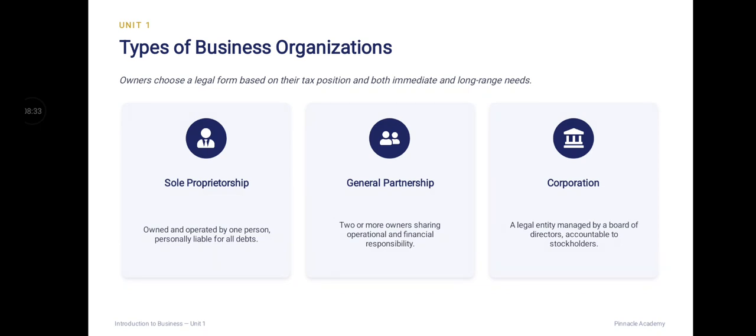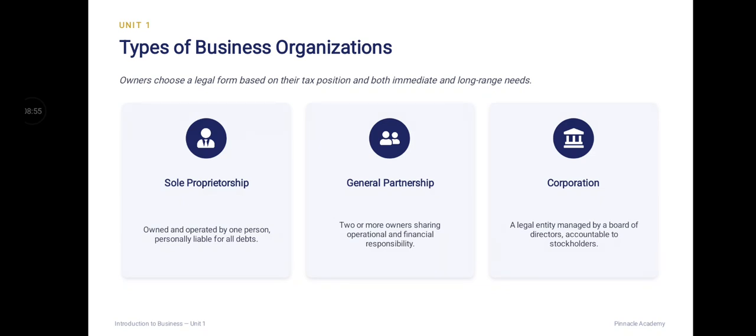The last form of business, which is the third one but definitely not the least that we're going to look at, is the corporation. A corporation is a legal entity created by law, which is managed by a board of directors who are accountable to the stakeholders, the shareholders who own the shares in the company.